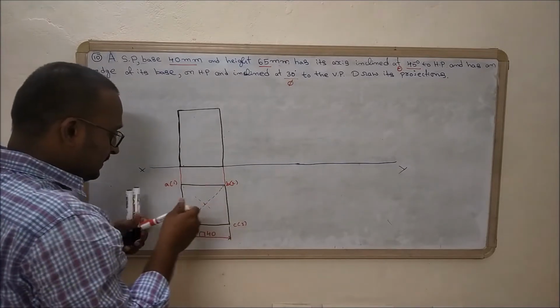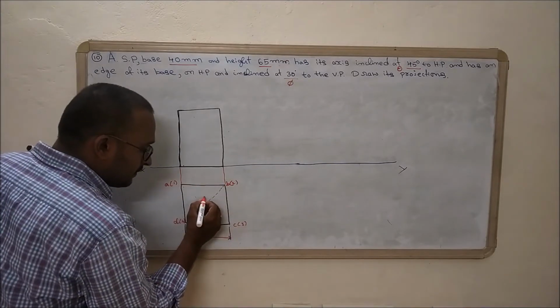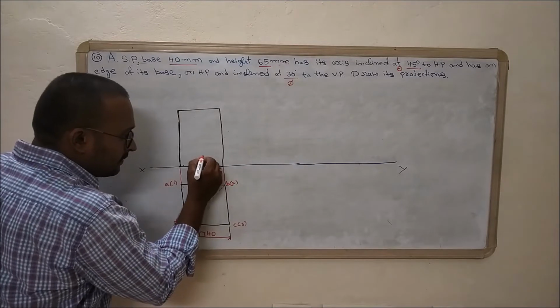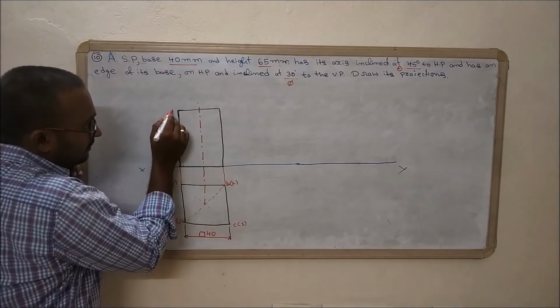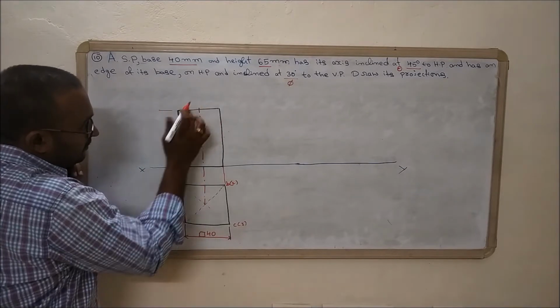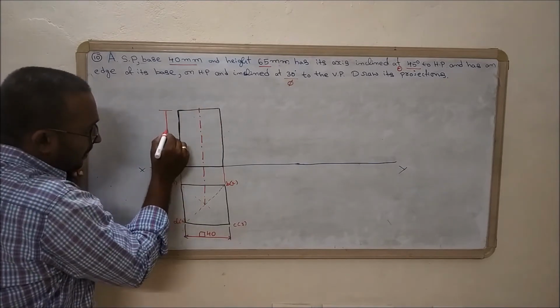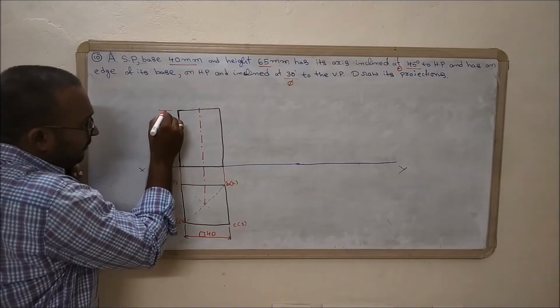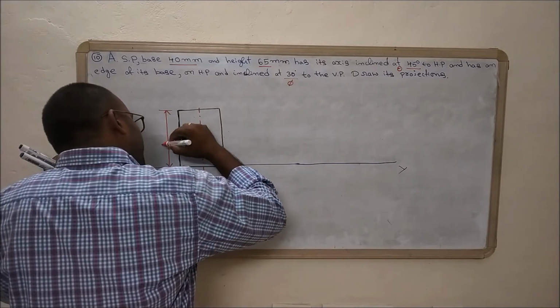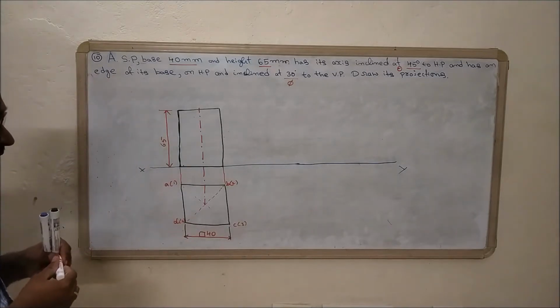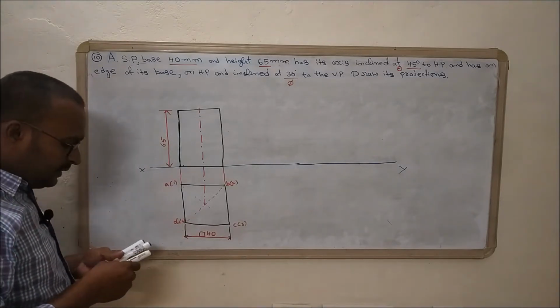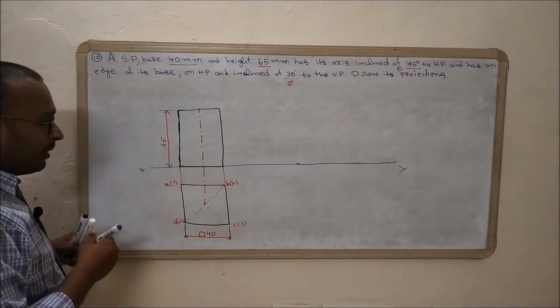Axis is about 65, axis long. Now this is the simple position of the given problem.